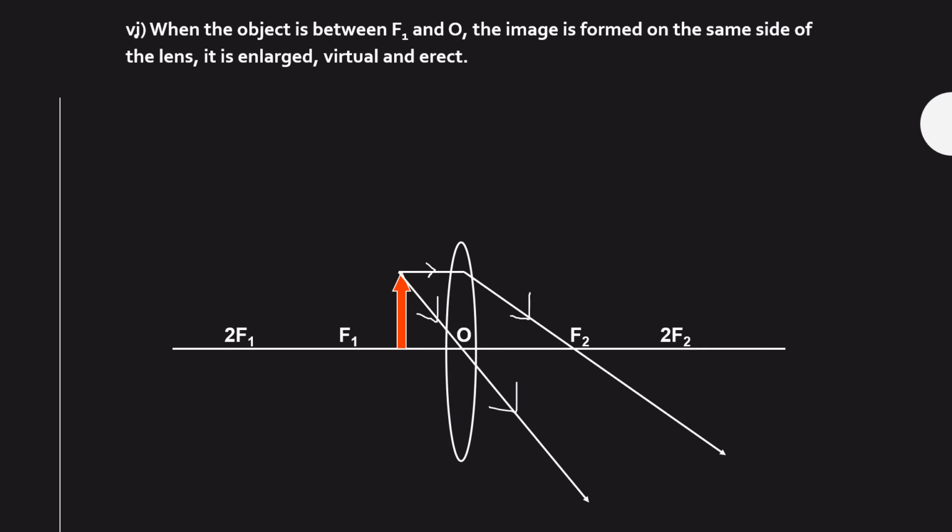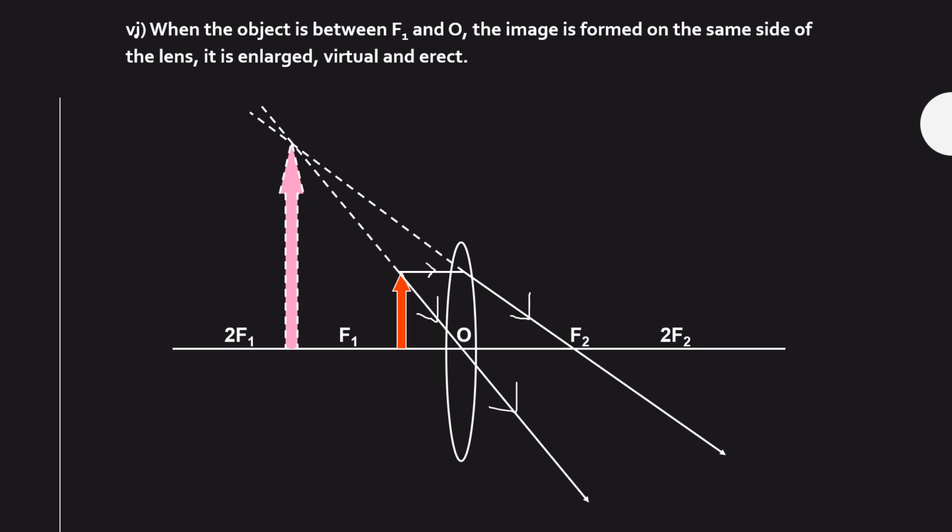The image is formed on the same side as the object. Let us see the position of the image. Extended backward, the image is formed on the same side of the lens as the object is placed, the image is enlarged, virtual, and direct. So these are the properties of the 6 ray diagrams for the convex lens.